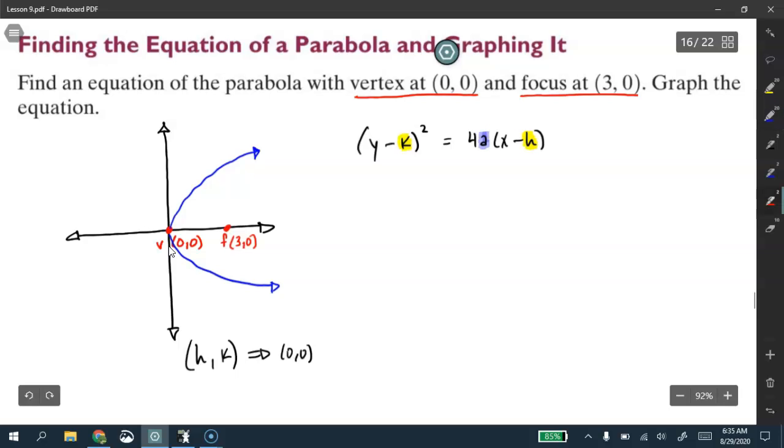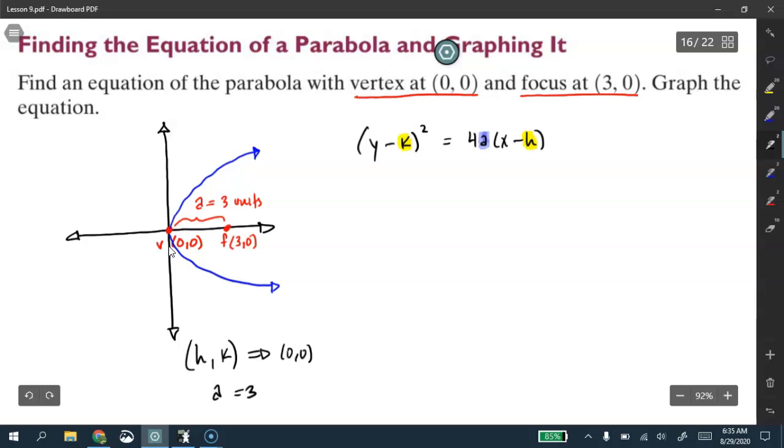And so let's go ahead and repeat what we said earlier. A is the distance between the point (0, 0) and (3, 0). So how many units is that? That's 3 units. Remember, it's always a positive value. So a is equal to 3 units. And because a is equal to 3 units, you're going to update that in the formula.